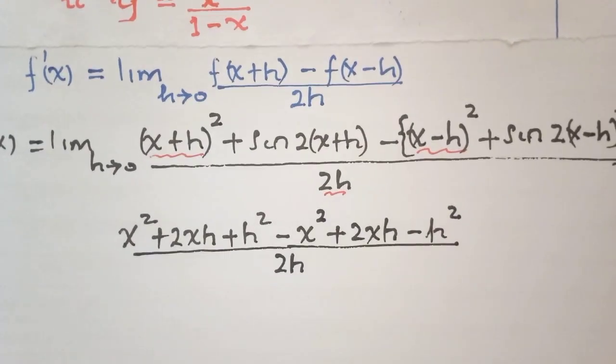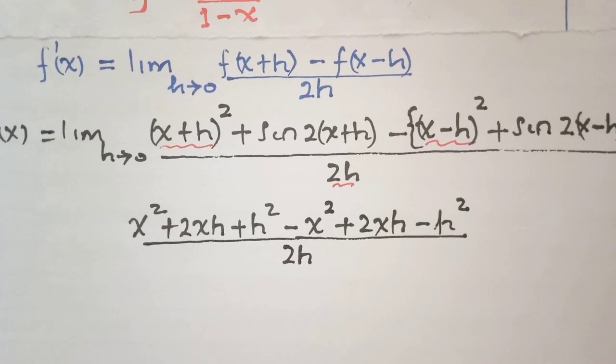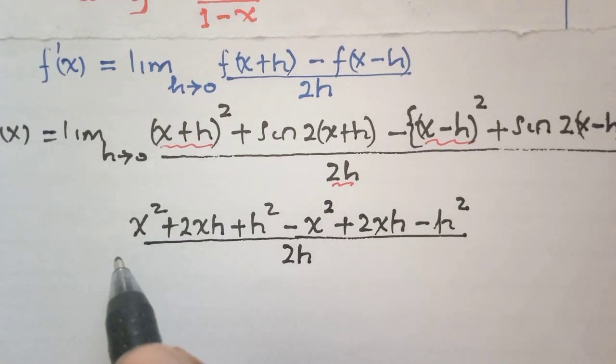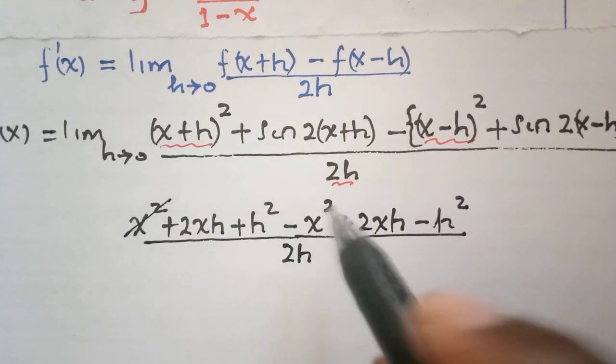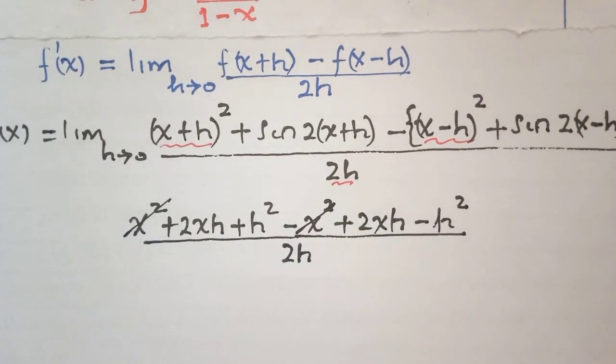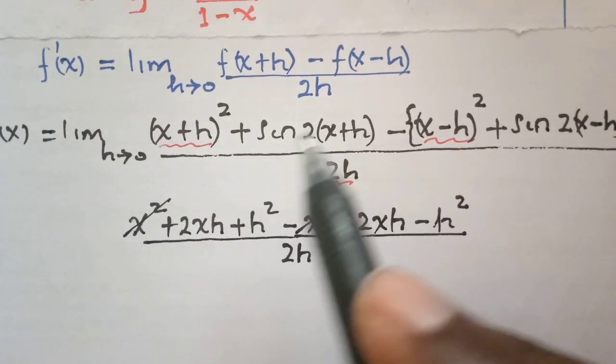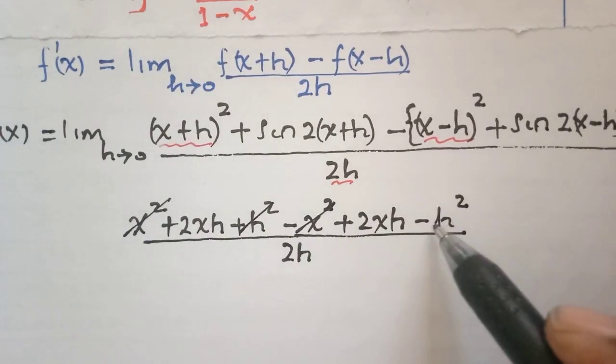So with that one, guys, we now cancel whatever needs to be cancelled, and whatever needs to be added, we add or subtract. So this x squared can be cancelled. This h squared can also be cancelled.